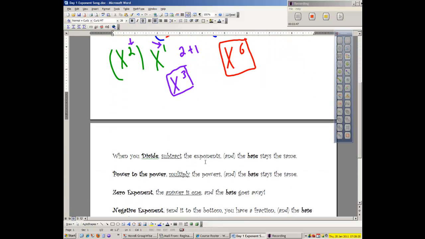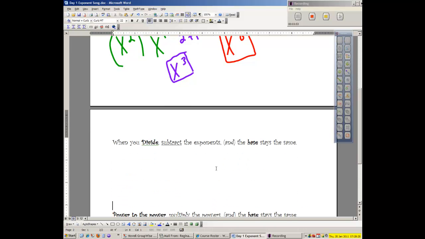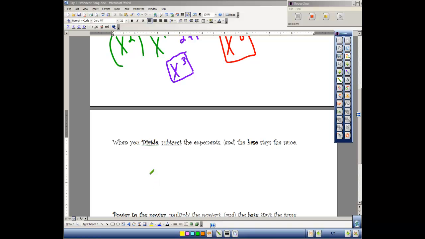All right, the next one: when you divide, subtract the exponents and the base stays the same. Okay, we can do that.